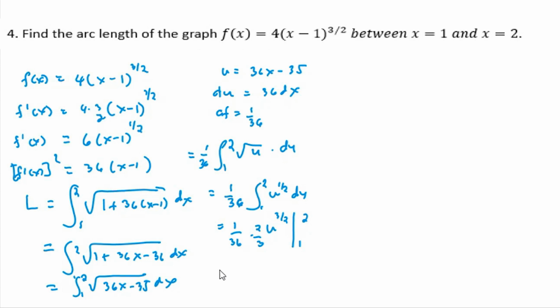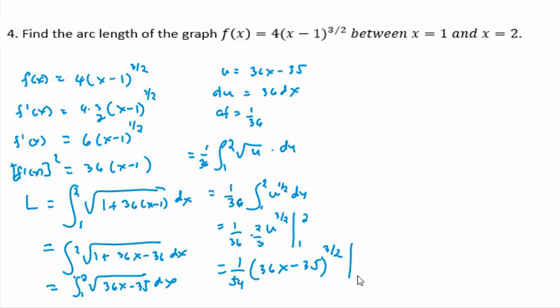And simplify the coefficients. So we have 2 over 36, which is 1 over 18. So 18 times 3, we have now 1 over 54 times u, meaning 36x minus 35 to the power of 3 halves.